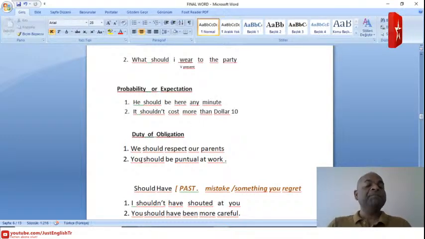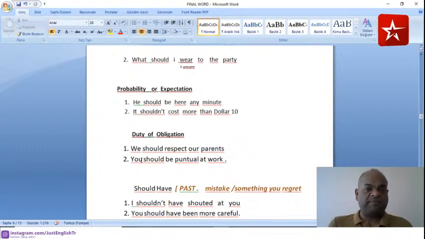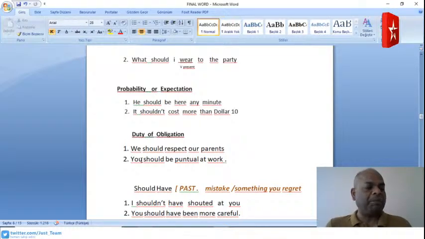All right. Now, for example, in the first we talked about, it says he should be here anytime. It means what? A person like he, anytime he's going to be at the office or at home. We are expecting a person to be back home or at office. Number 2, it shouldn't cost more than $10.